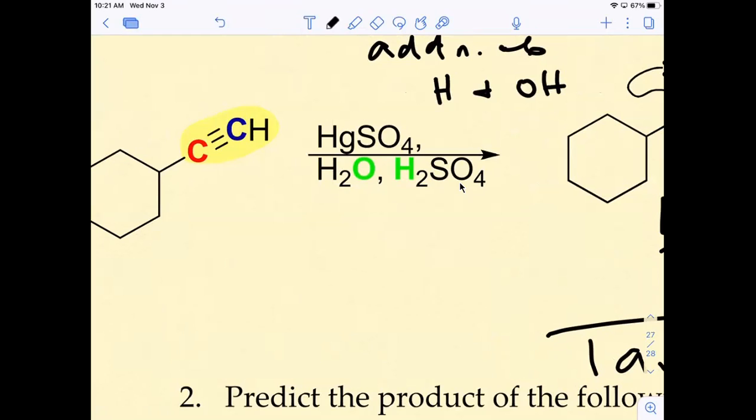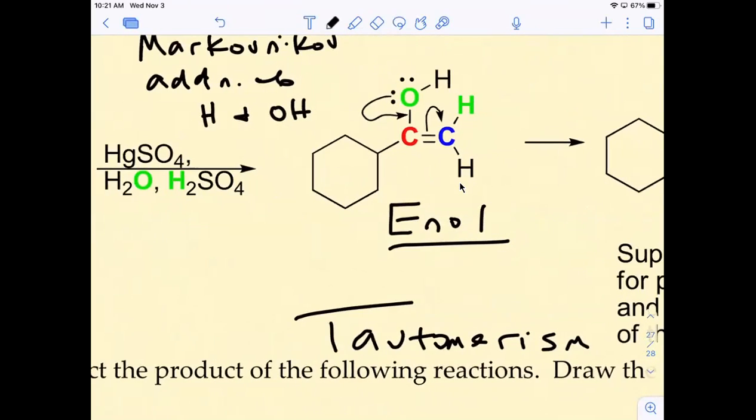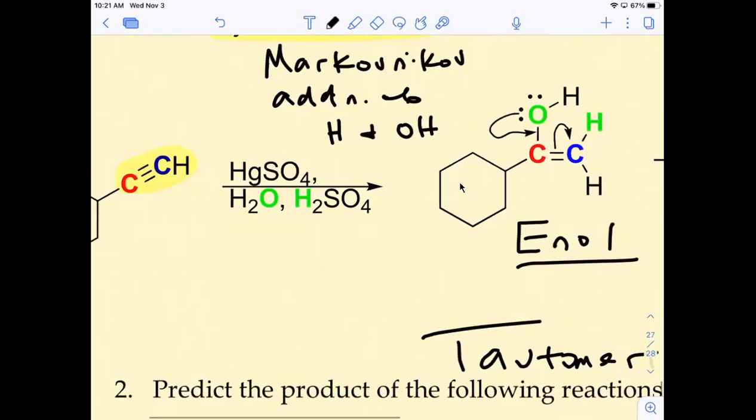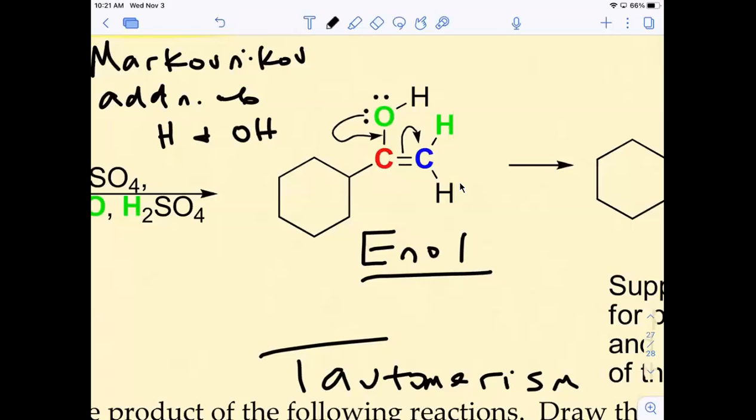It's going to give me an alcohol, right? And it's going to be Markovnikov addition, right? So the OH ended up on the more substituted carbon, and then the hydrogen ending up on the least substituted carbon, which is what I have here. So that's an enol. It's an ene because it has an alkene, and it's an ol because it has an alcohol.